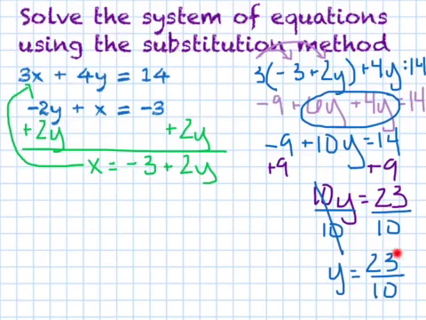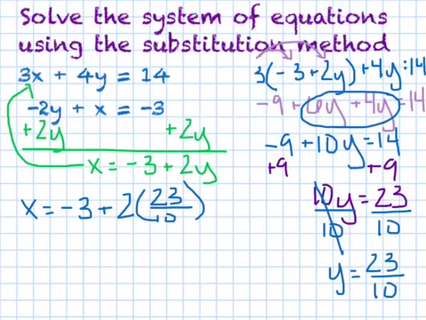Once I have my y value, I can plug it into this equation here to solve for x. So I will say x equals negative 3 plus 2 times whatever y is. That's 23 over 10. Now, when we're multiplying with fractions, remember first we want to give them common denominators.